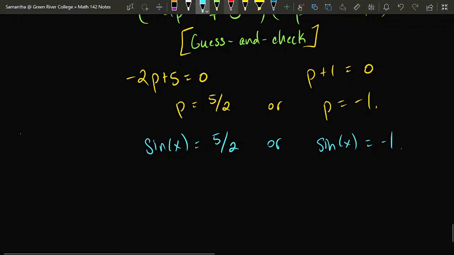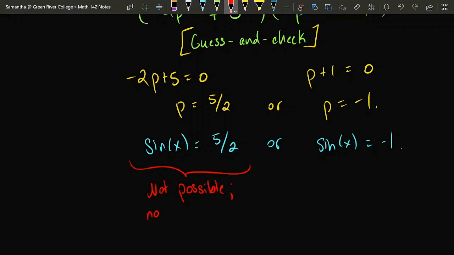However, something is immediately a little bit suspicious about the first equation, and that's that we're asking sine to output a value which is larger than positive 1. This isn't possible because 2.5 is greater than any y-coordinate on the unit circle. So we're not going to get any solutions from this branch.